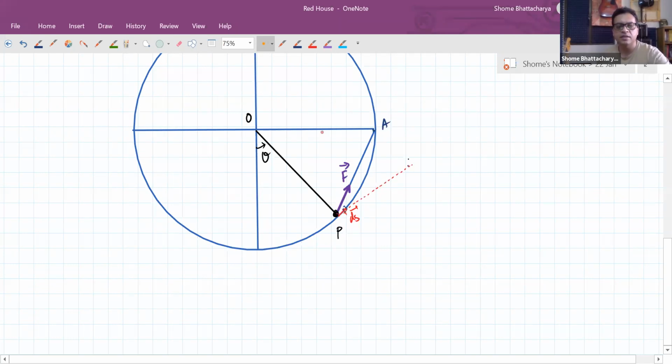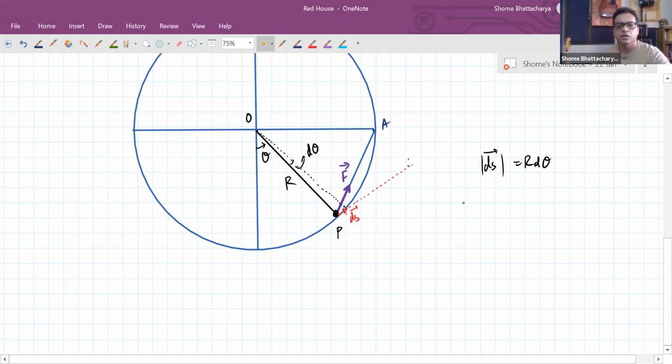So that is making some angle with respect to the force. So in a small time dt, the angular position of the particle will be changing by a small angle d theta, and accordingly the magnitude of the displacement, that will become how much? Okay. So the magnitude of this displacement ds will become capital R d theta, where capital R is the radius of this circle.